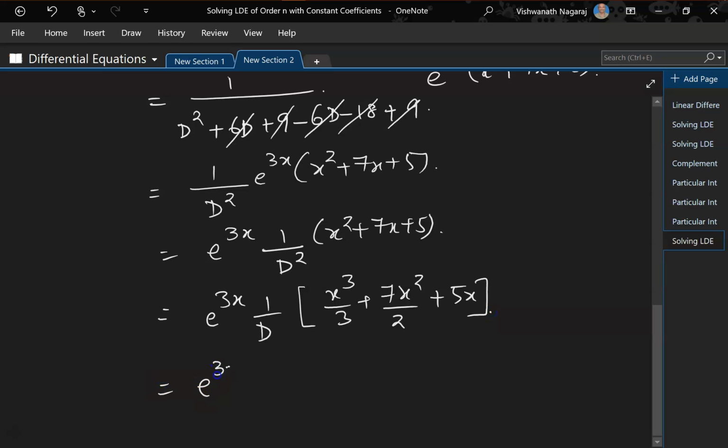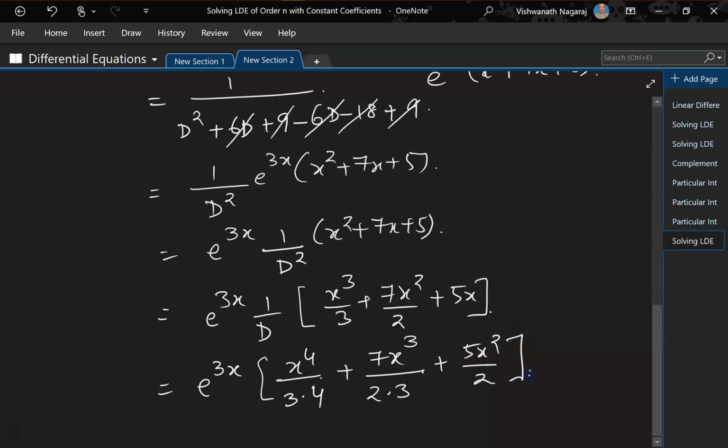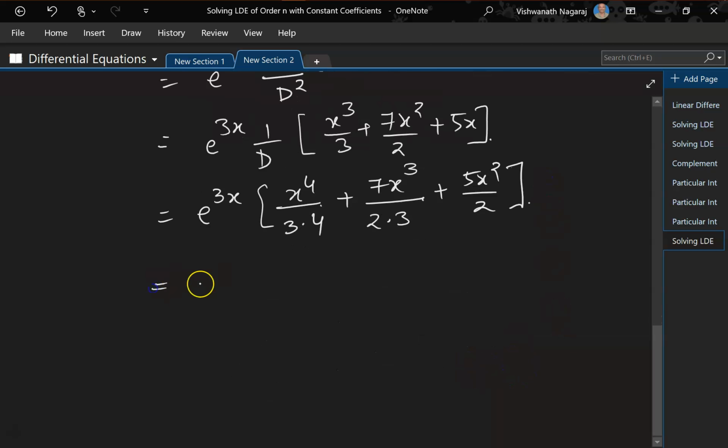Okay, now we have to do it again, integration. So we get x⁴/(3 times 4) + 7x³/(2 times 3) + 5x²/2. Okay, so e^(3x) times, here 3 times 4 is 12, 3 times 2 is 6, and 2.